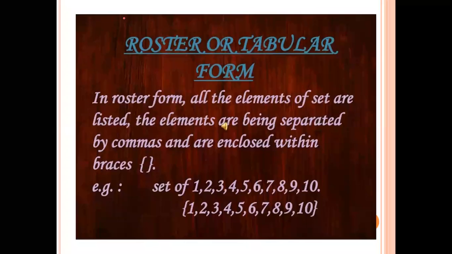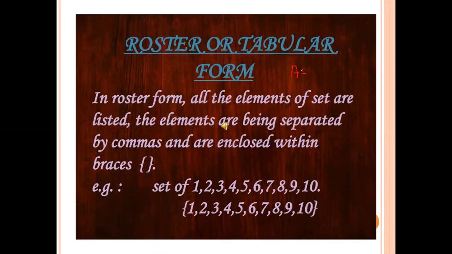In roster form, if I say write the set of natural numbers in roster form, then you'll write A is equal to, and you have to list down the elements. From where do the natural numbers start? 1, 2, 3, it goes on.